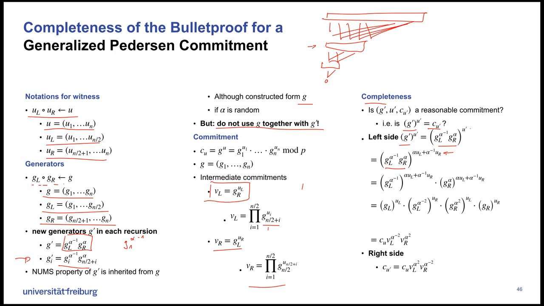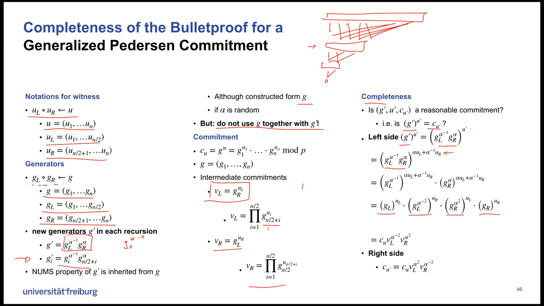Okay, and now I can do the multiplication. This multiplication I can put outside, which I've done here. Then I have alpha to the -1 times alpha times UL, so I get this term. I have alpha to the -1 times alpha to the -1 UR, I get this term. And I get this term, like here, because alpha and alpha to the -1 are vanishing now.